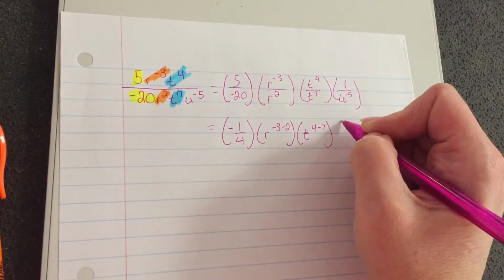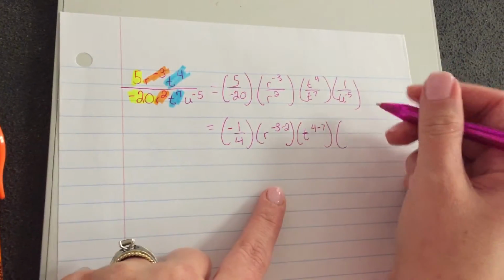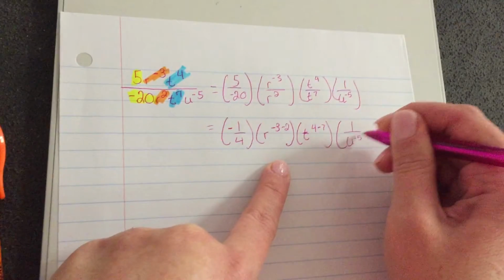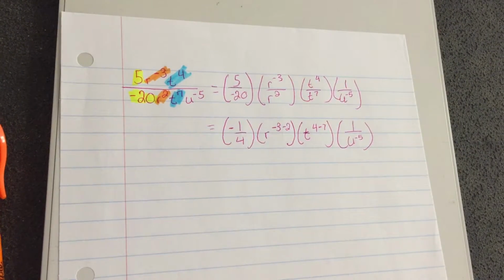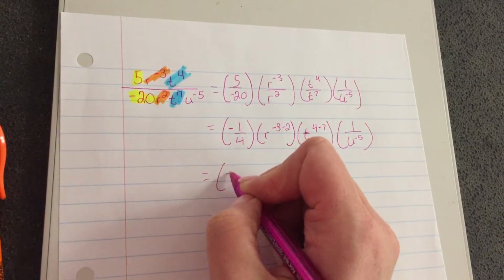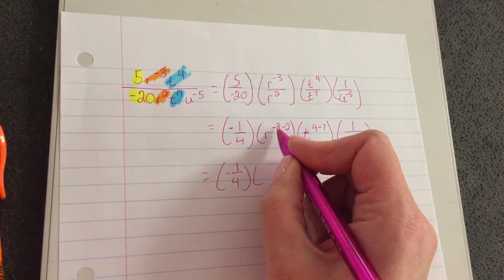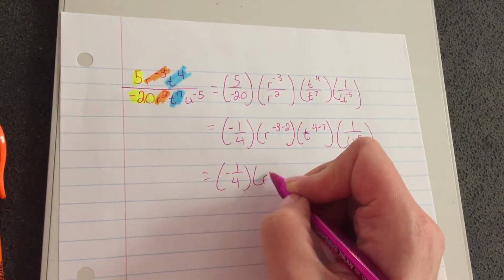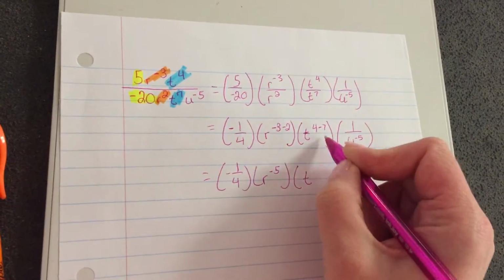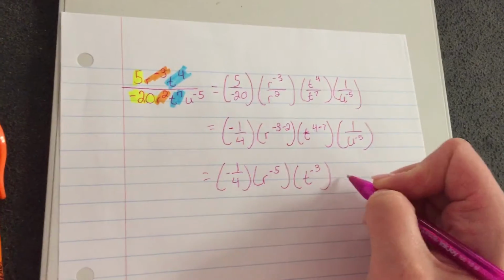And then here, to make this a positive, actually we can just leave it right now. 1 over U to the negative 5, because I don't have anything to subtract, so we're just going to leave it for right now. All right, so let's do the next step. Negative 1/4 R. Negative 3 minus 2 is R to the negative 5. 4 minus 7 is T to the negative 3.